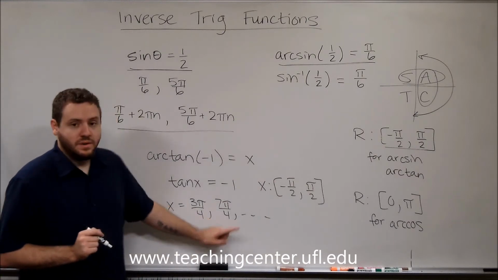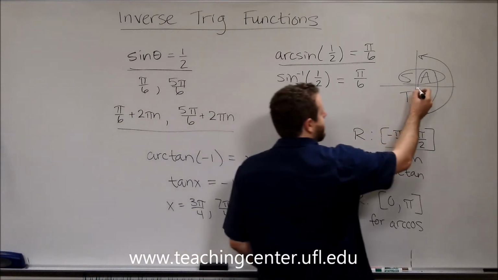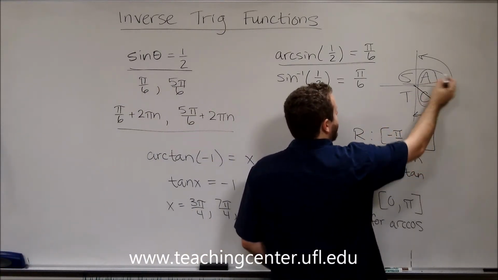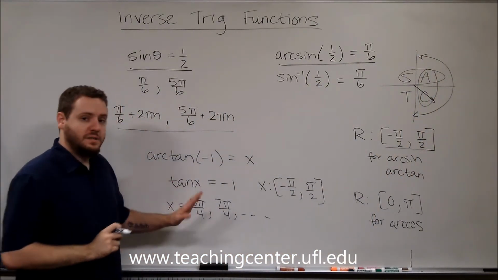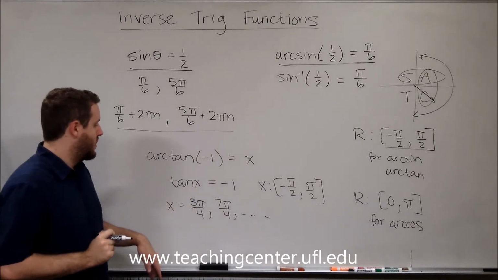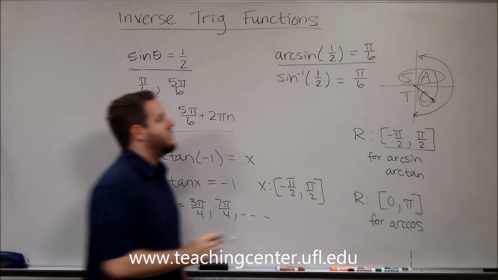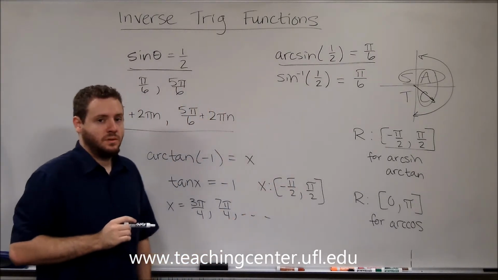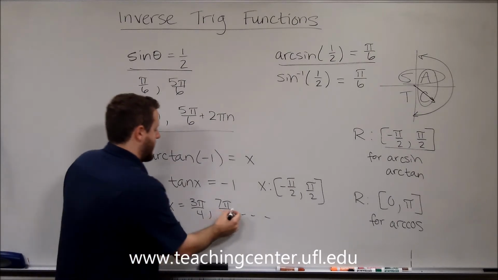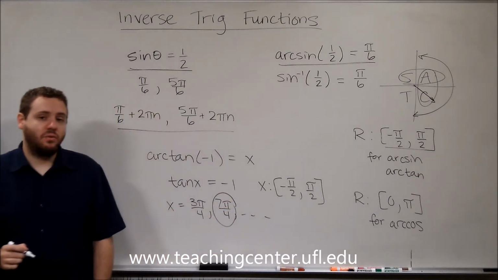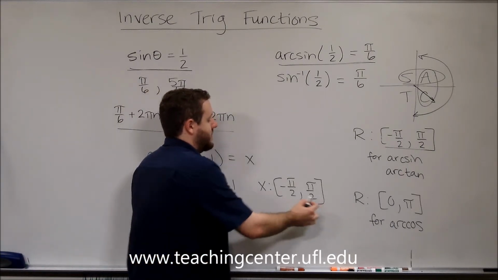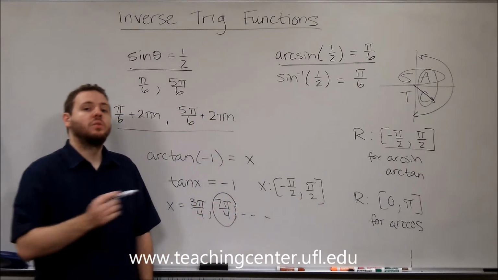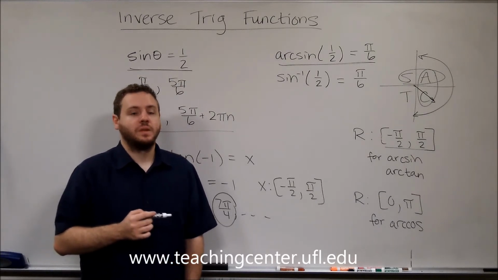Well, none of these are, so we must be talking about a negative angle here, because we can't go past pi over 2. And if you notice, the first positive one is past pi over 2. So we want an angle in the fourth quadrant. Well, 7 pi over 4 is in the fourth quadrant, but it's not in this particular range. So we need another way of writing that same thing.